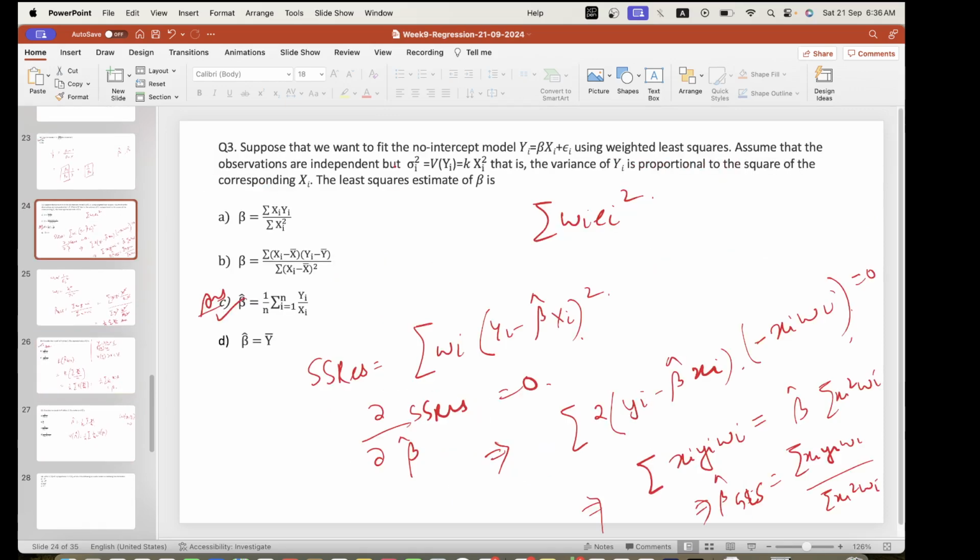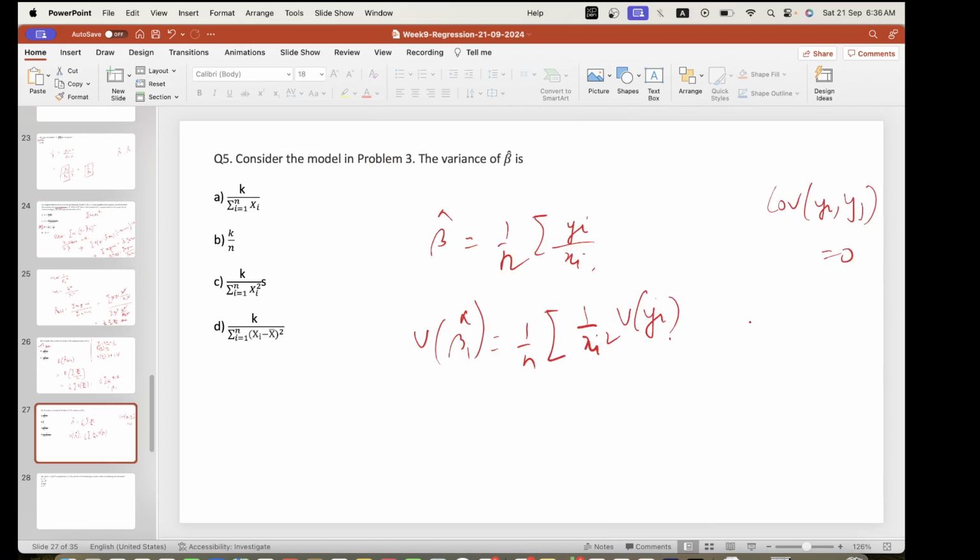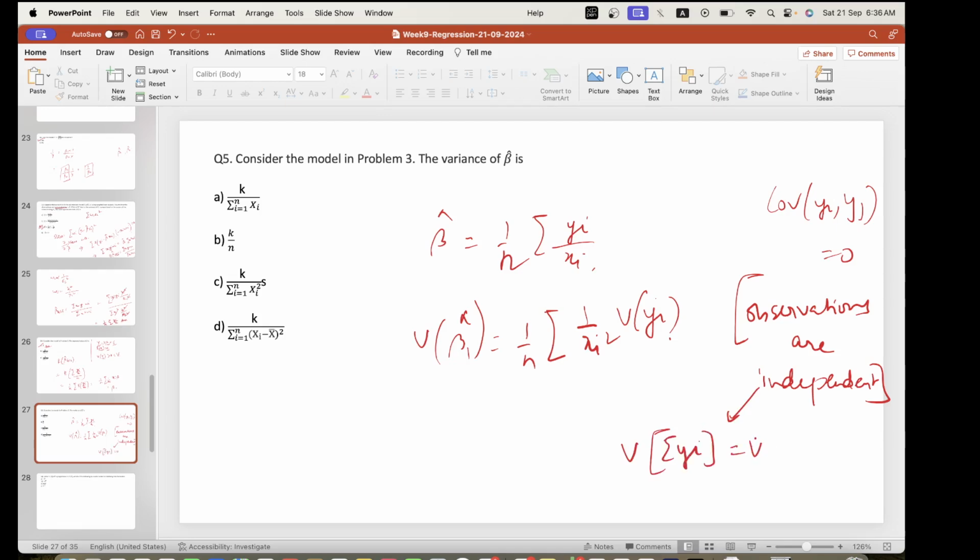Observations are independent. So whenever observations are independent, under this criteria, variance of summation yi is equal to summation of variance of yi.